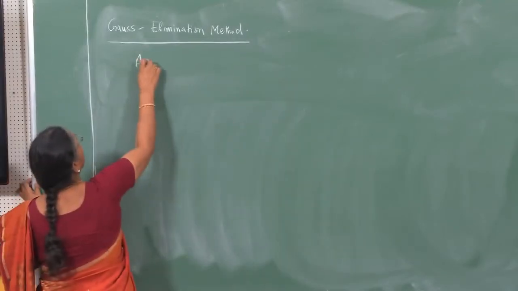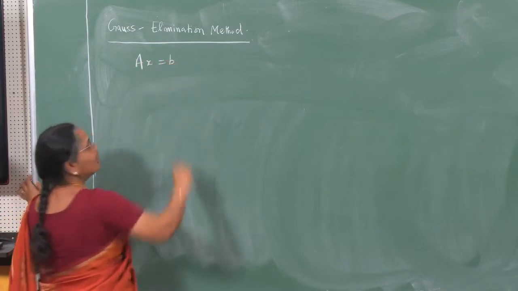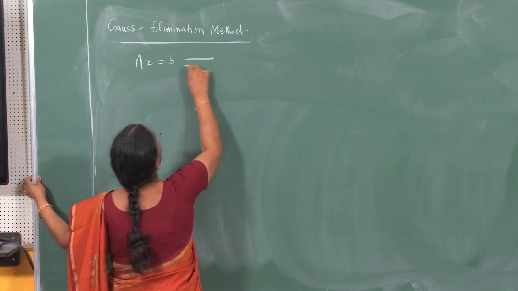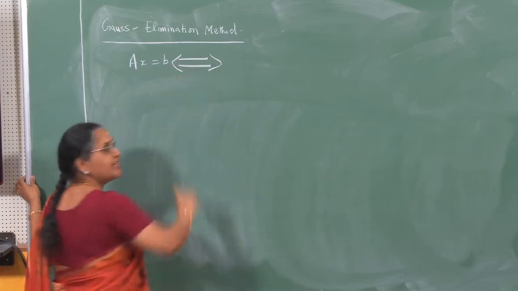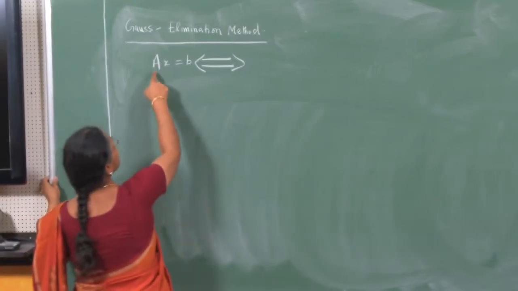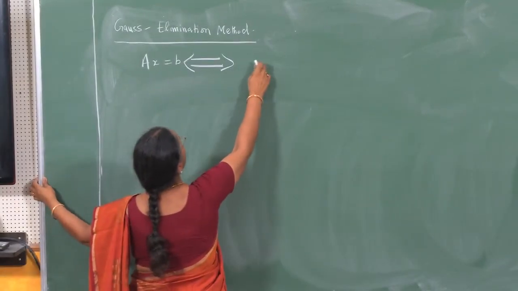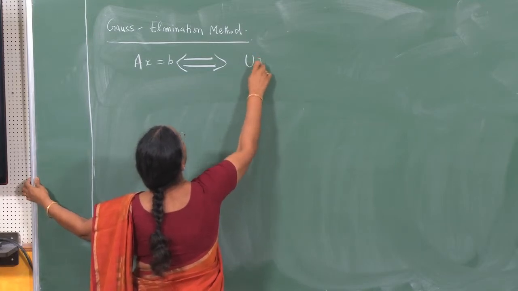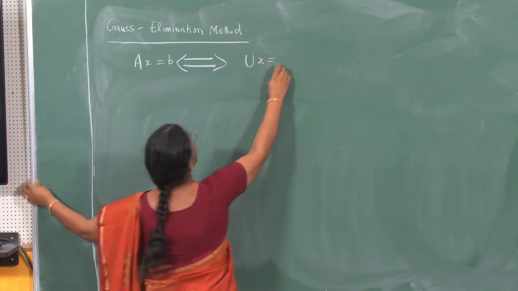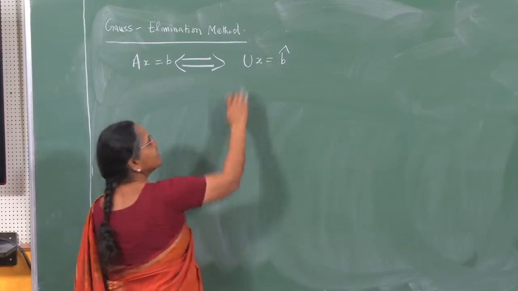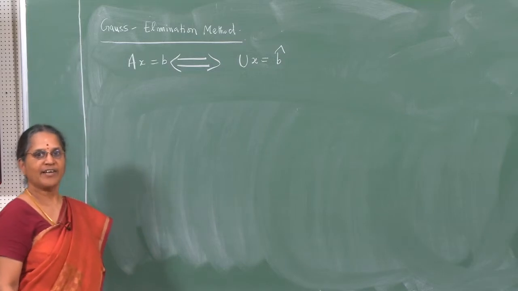Given a system of equations Ax is equal to b, it employs elementary transformations and reduces this system to an equivalent system, which is U into x is equal to, say, some b cap, where U is an upper triangular matrix.